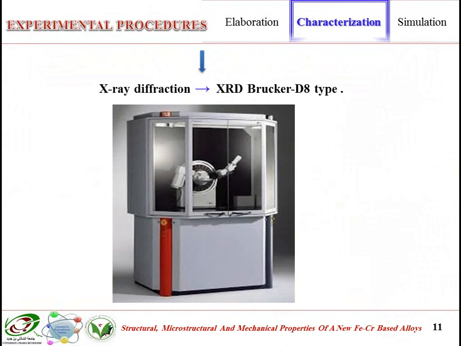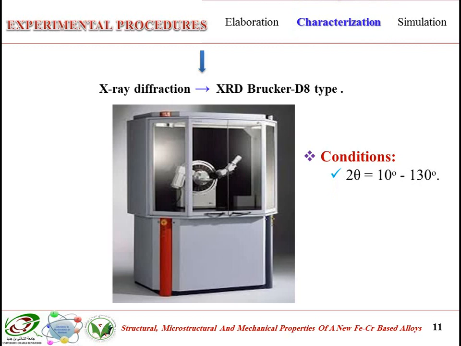To study the milling effect on the powders, we used X-ray diffraction in a Bruker D8 type diffractometer in a range of 10 degrees to 113 degrees with an angular step of 0.02 degree.